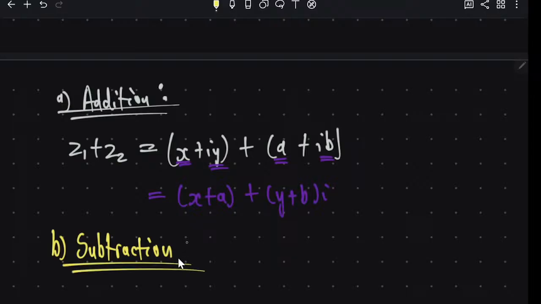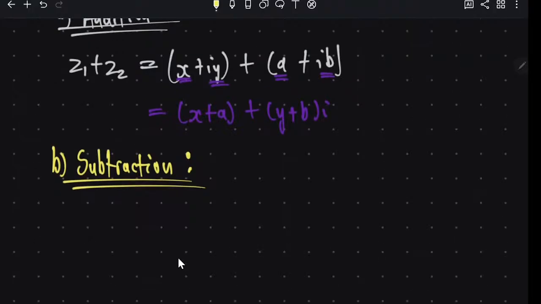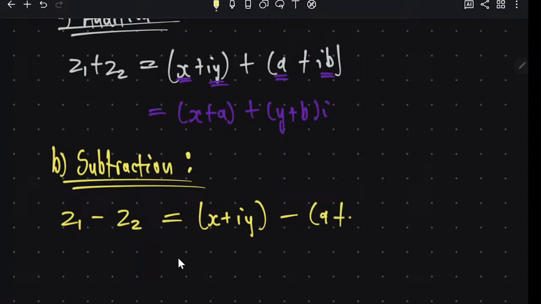Subtraction of complex numbers. What would we do if we had Z1 minus Z2? It would be X plus IY minus A plus IB. Now we are subtracting.